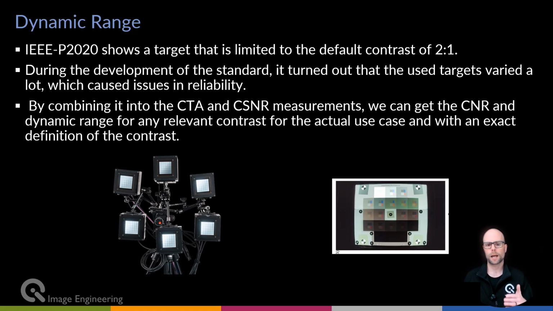With that, you can get the CNR not only for the 2:1 contrast, but for any contrast. That is a big benefit, so that you can calculate your dynamic range flexibly for different contrasts, but it is still compliant with the standard.